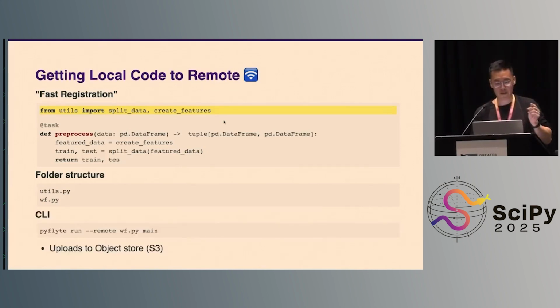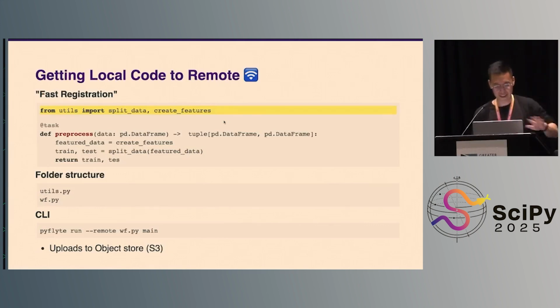When I run pyflyte run remote, it scans for all the imported modules, sees that they're in your directory, and if so, uploads them with it. So it intelligently looks at all the modules that you loaded and uploads them, so that you don't have to do anything else. It feels like it's local. And it uploads it to object store.